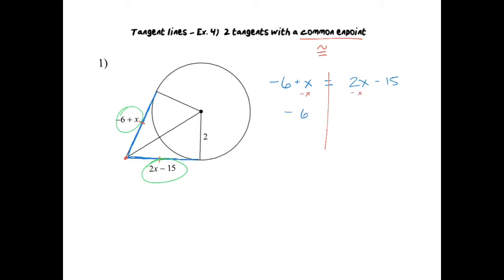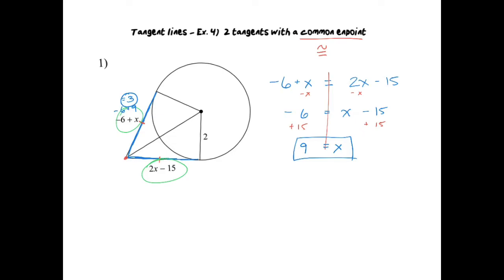So -6 equals 2x minus an x, leaves me with an x minus 15, and get all my numbers to the other side. And I've got -6 plus 15, I think that's 9, equals x. So the value of x is 9, and that means if I plug in that 9 over here, that would be -6 plus 9, which equals 3.